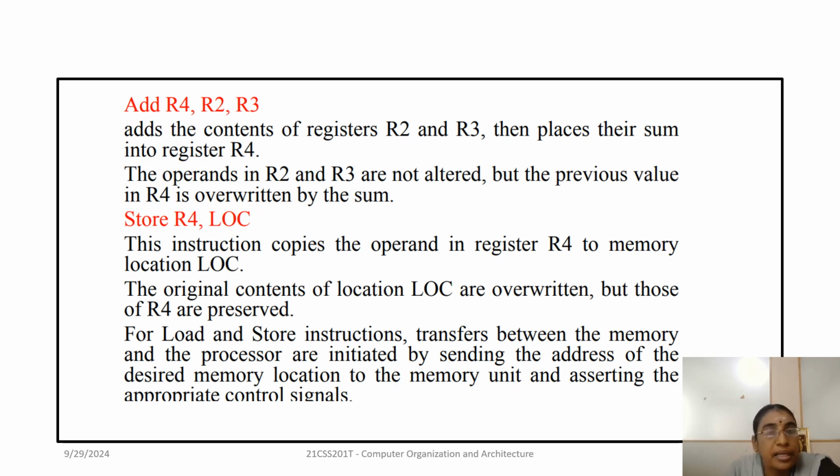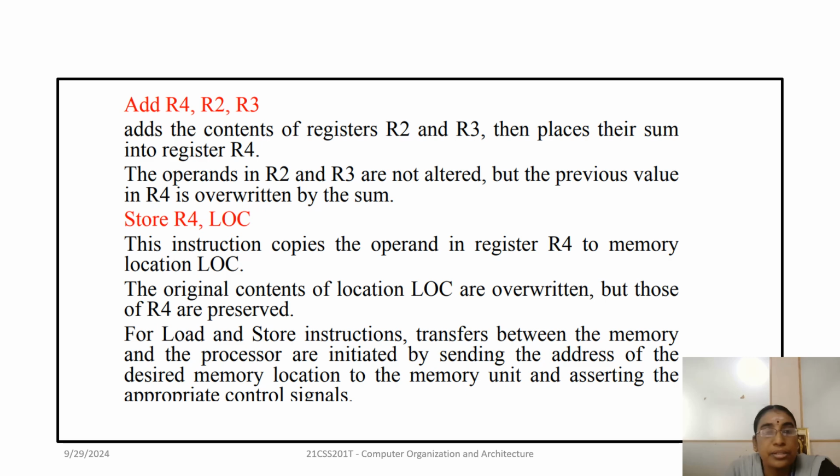The left side indicates the destination, and the last two indicate the sources, that is R2 and R3. R2 and R3 are the source registers, and the result is stored in the R4 register.